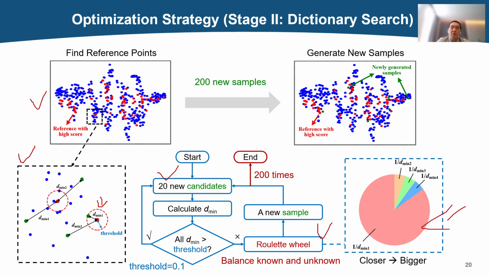The roulette wheel selects one candidate from each group of 20, with higher probabilities assigned to those closer to the reference points. This process is applied to all 20 reference points, resulting in the generation of 200 new candidate samples.